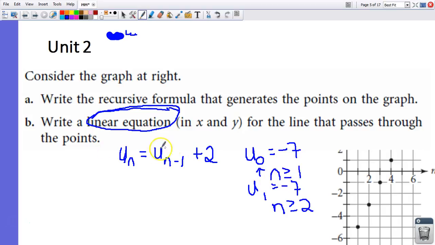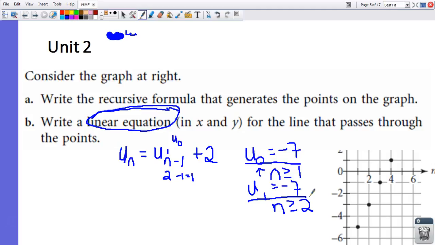The reason for that is, if I put a 1 in here, 1 minus 1 is 0, that would be u sub 0, right? And that would be this one, where n is greater than or equal to 1, because I put a 1 there. I couldn't put anything smaller. If u sub 1 is my starting value, it would have to be a 2, because 2 minus 1 is obviously 1, and that's what I'm starting with here.